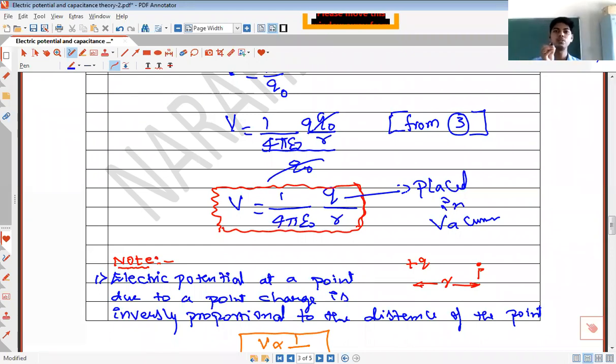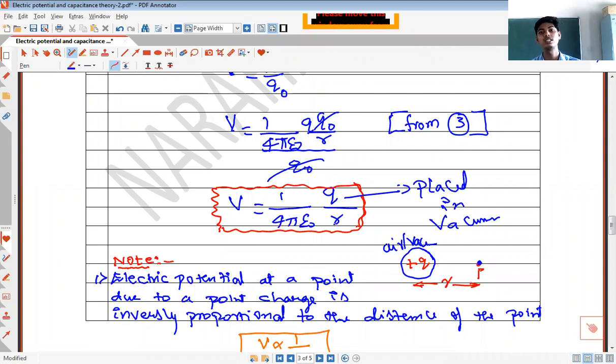When the point charge is placed in some medium, say water, or say kerosene, etc., the potential due to a point charge changes. If the charge Q is present in air or vacuum, then potential at this point, which is at a distance r from the source charge, is given by V is equal to 1 by 4 pi epsilon naught Q by R. This must be used only when the point charge is in air or vacuum.